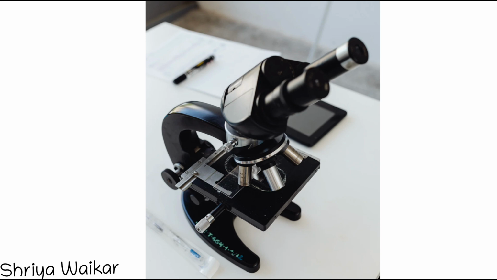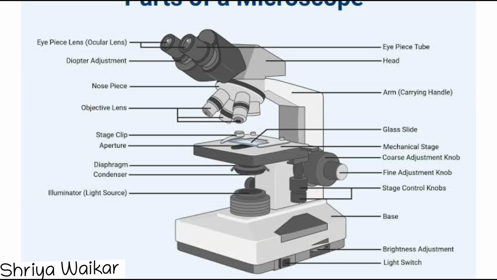By rotating the nosepiece, one of the objective lenses can be placed above the hole in the stage, where the object to be seen is placed on a glass slide. At the upper end of the body tube, an eyepiece is fitted through which an observer, that means you, can see under the microscope. There are adjustment screws on the arm, which help in adjusting the distance of the objective lens from the object present on the stage.